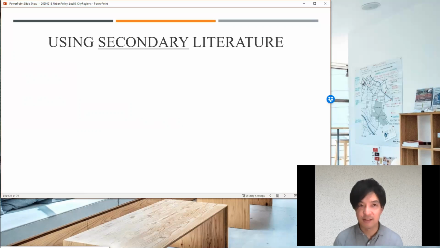I guess 99% of the students do this, okay? Because this is much easier than the method that I will show you in the next slide. So 99% of students will do this.